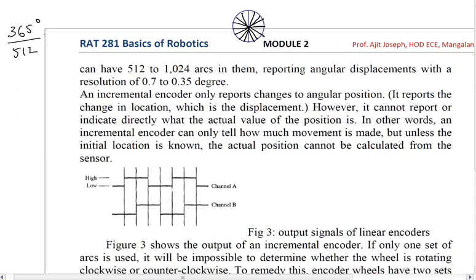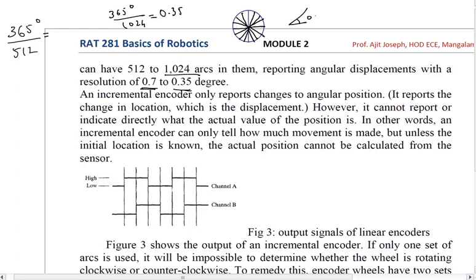Now if I divide it into 512, then each slice will have an angle of how much? 0.7. And similarly I can even divide it into 1024 arcs, so it will be 360 degrees divided by 1024, and that will be basically 0.35 degrees each.